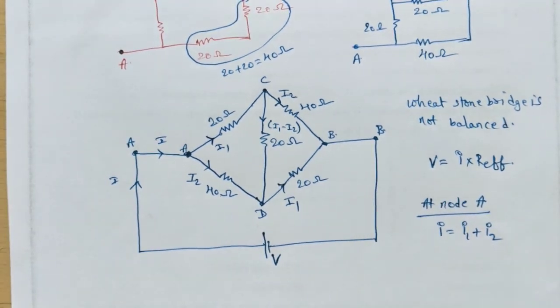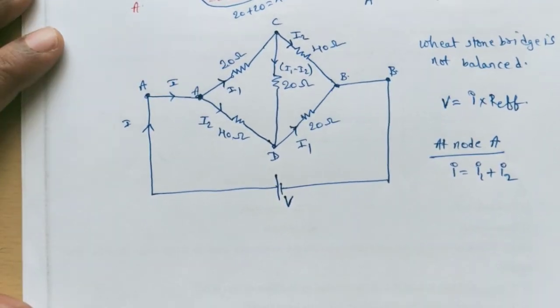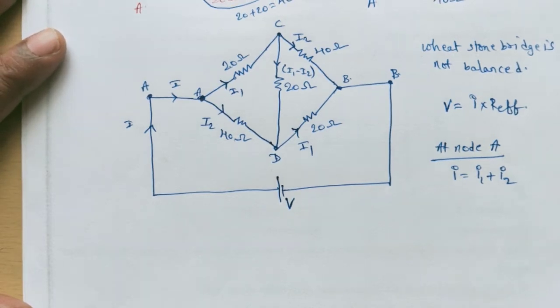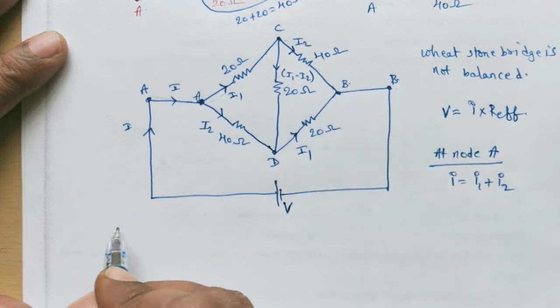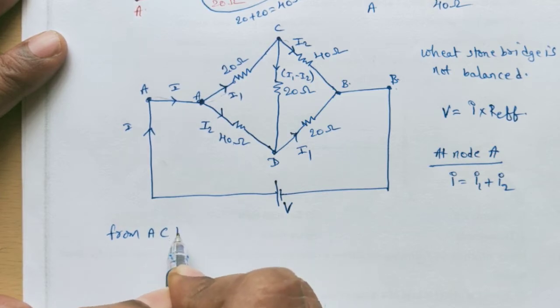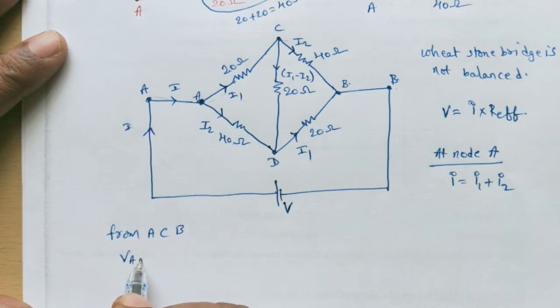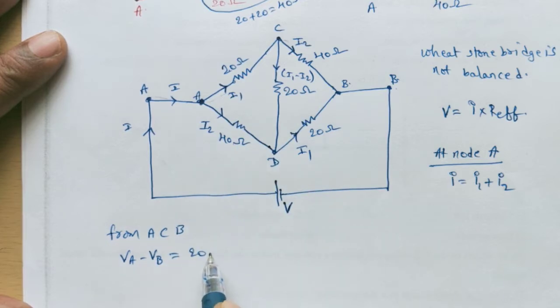One thing, students: in between A and B I want to represent Kirchhoff's second rule, the mesh rule. Going from A to C, then C to B, we get VA minus VB is equal to, with a 20 ohm resistor present, 20 I1 plus 40 I2.